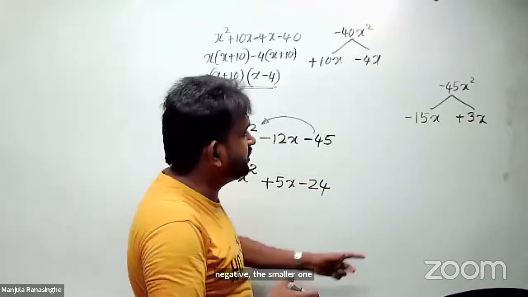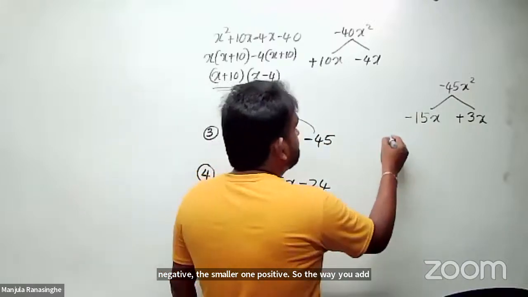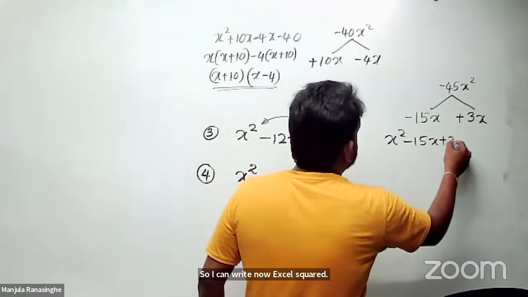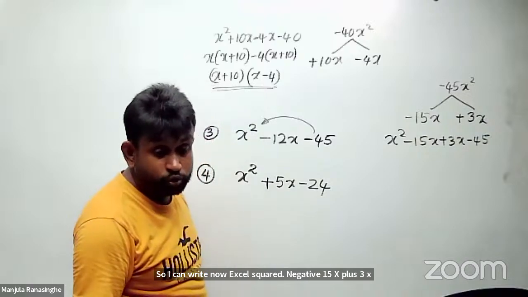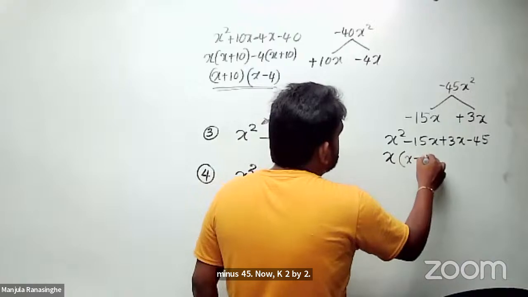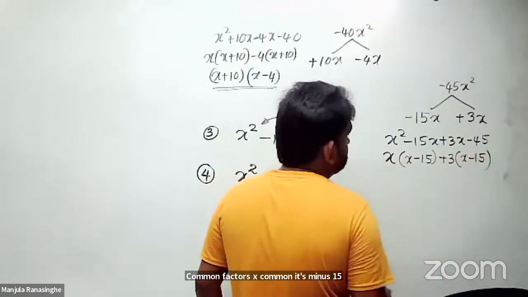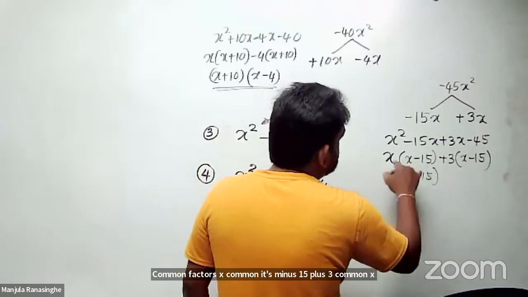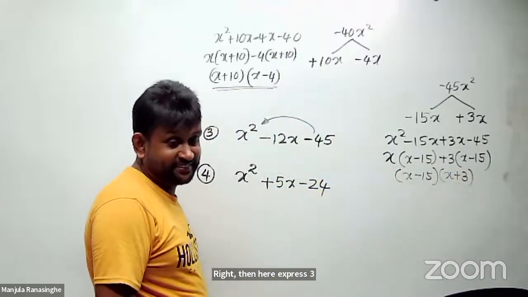When you add these two, you get negative 12x. So I can now write x squared minus 15x plus 3x minus 45. Now take two by two common factors: x common, x minus 15 plus 3 common, x minus 15. Now you can see x minus 15 is common, then here x plus 3.